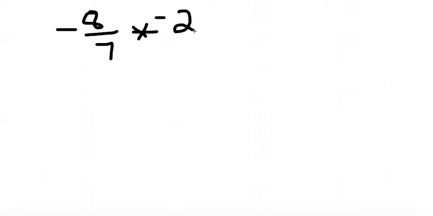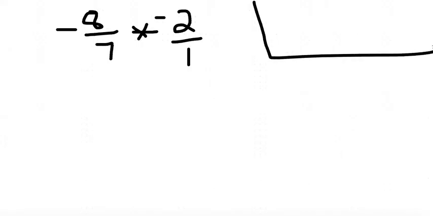negative 8 over 7 times negative 2 over 1, which was equal to the expression of negative 8 over 7 divided by negative 1/2.